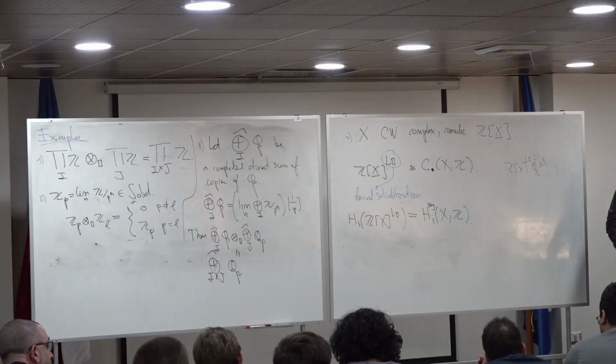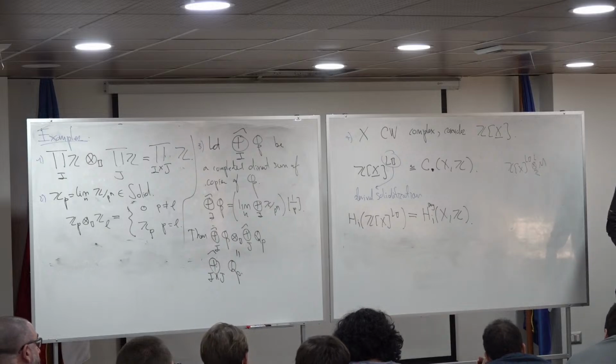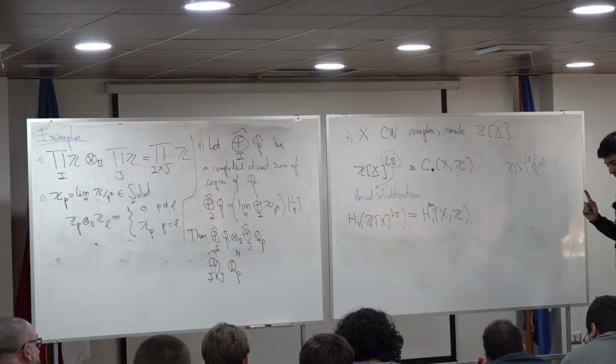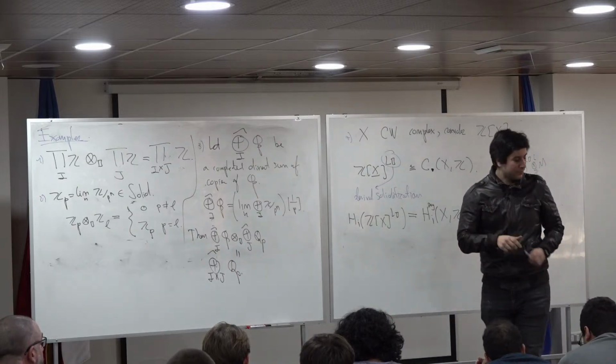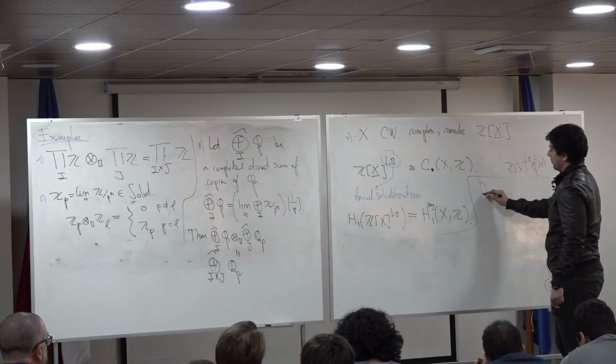And how do you make sense of that derived tensor product? Right. So condensed abelian groups do have a derived tensor product. That's a good question.